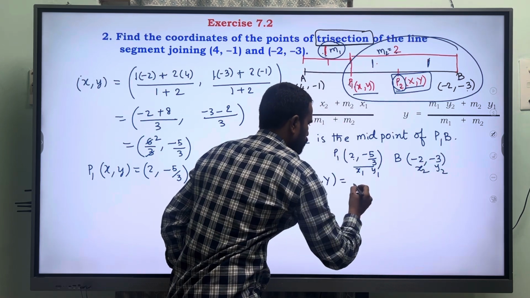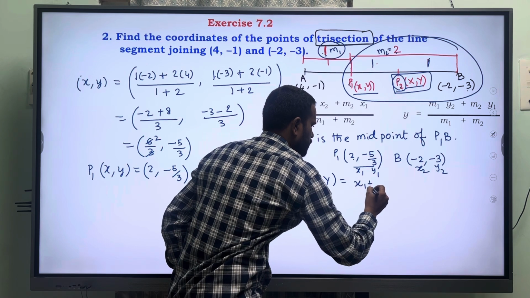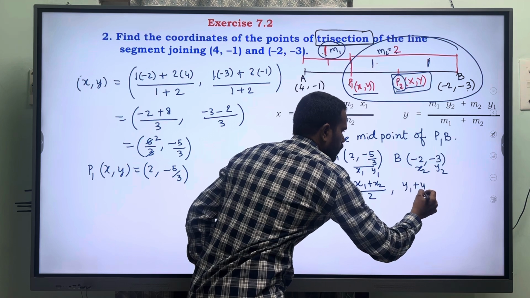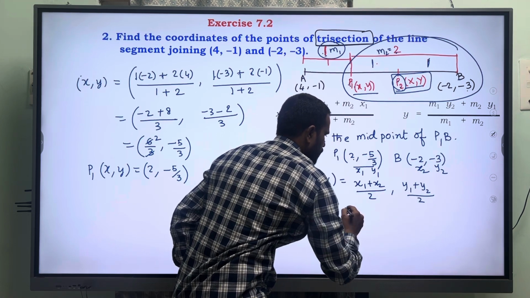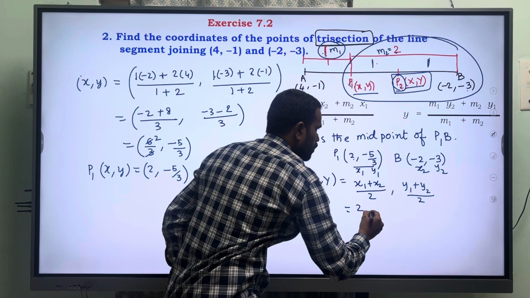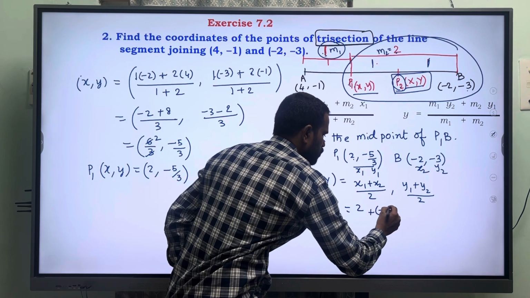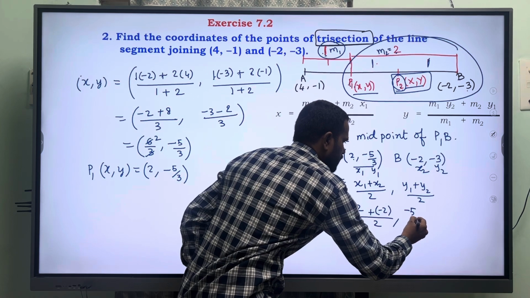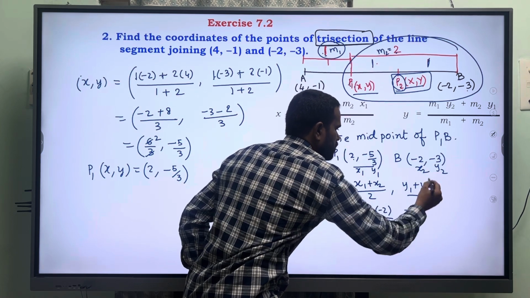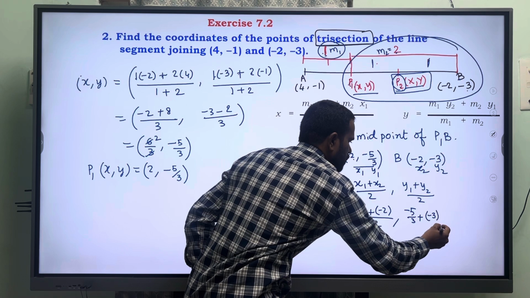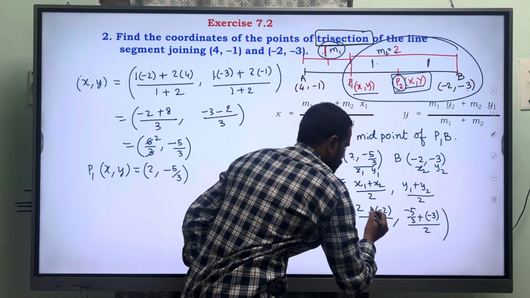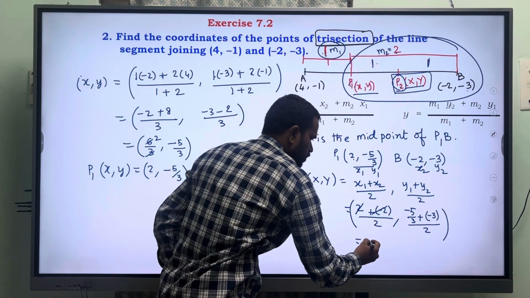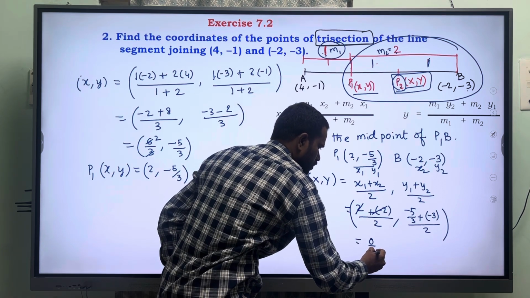So x1 plus x2 by 2, y1 plus y2 by 2. x1 is how much? 2 plus minus 2 by 2 comma y1 minus 5 by 3 plus minus 3 by 2. 2 minus 2 gets cancelled, 0. 0 by anything is 0.